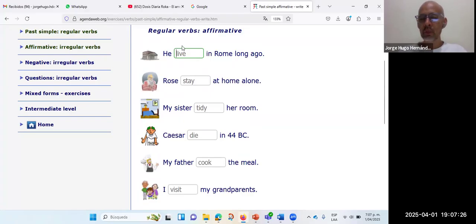Remember that today we start talking about simple past. So this verb, in this case the verb live, we have to write in simple past. Anyone knows what is the past simple of this verb?